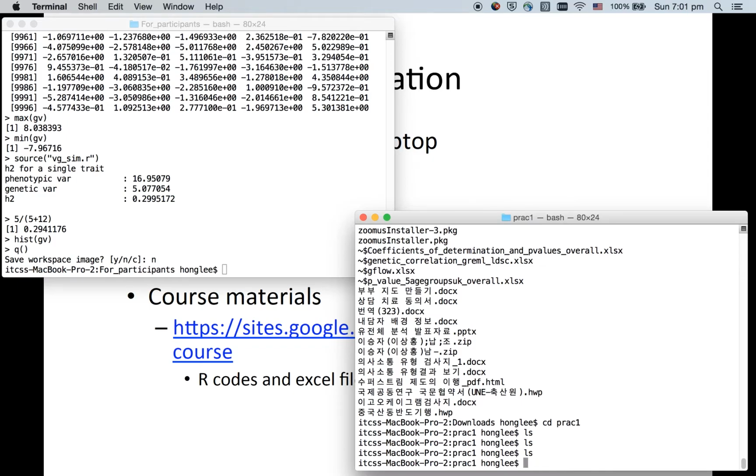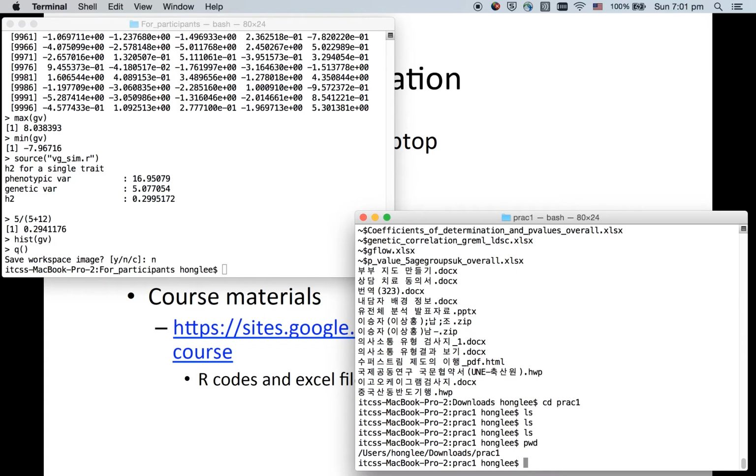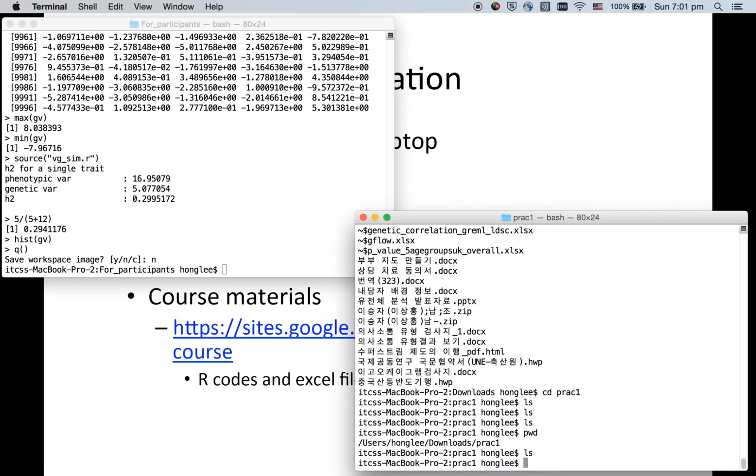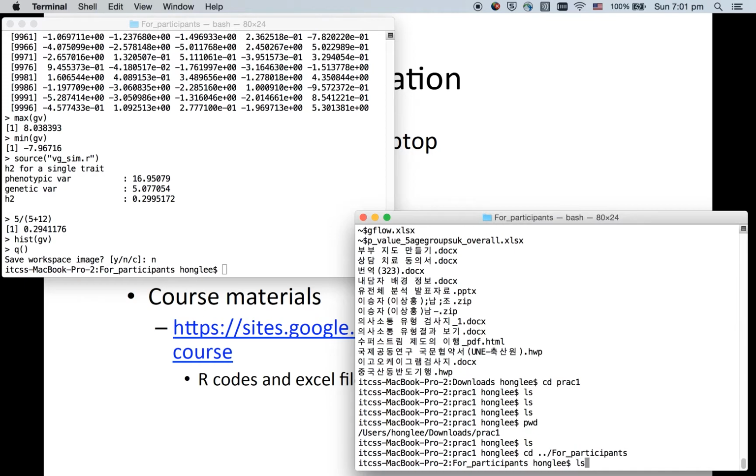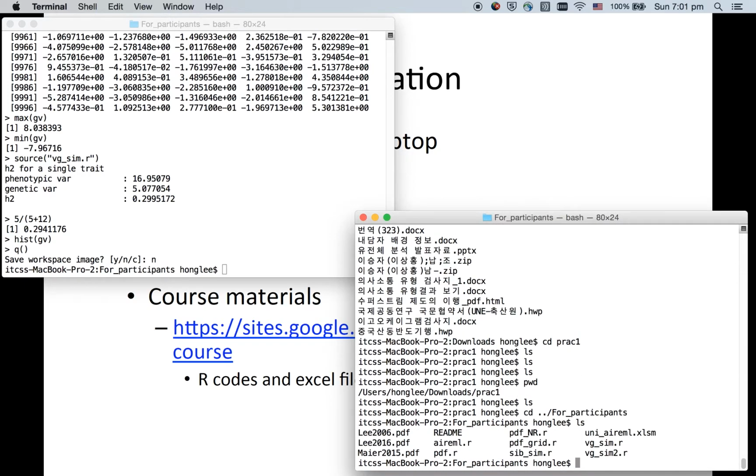This is the folder where I downloaded and unzipped the file.